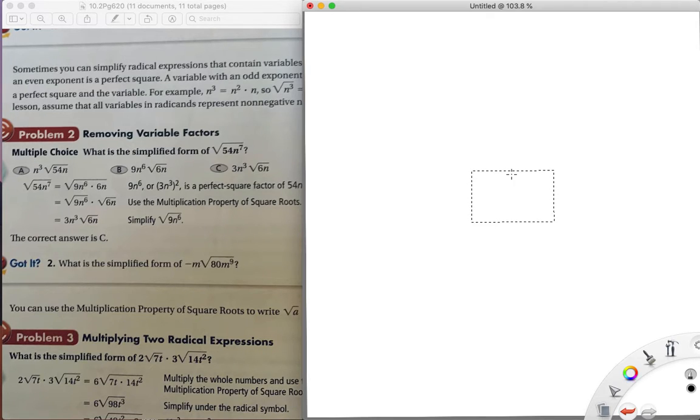How do I get rid of that? How do I get rid of this?